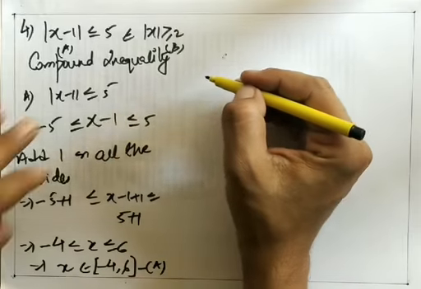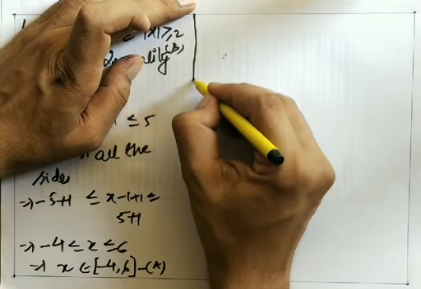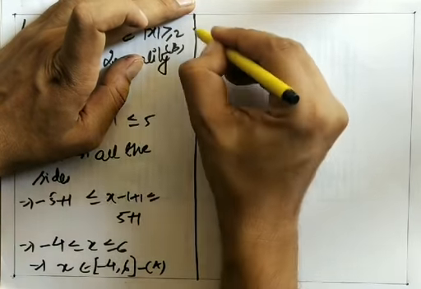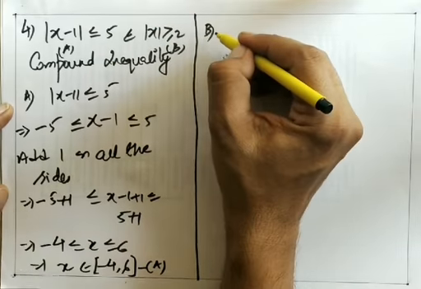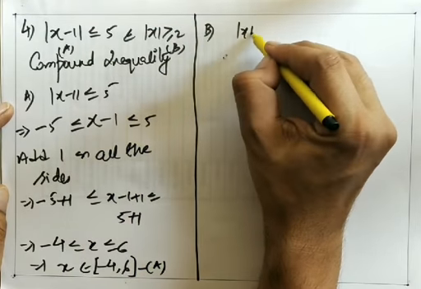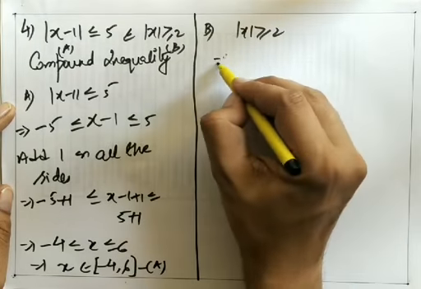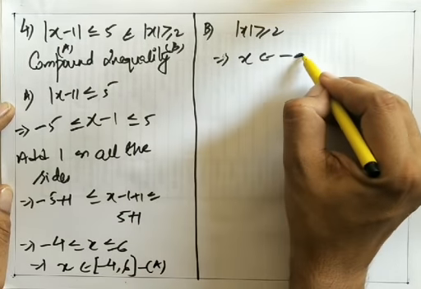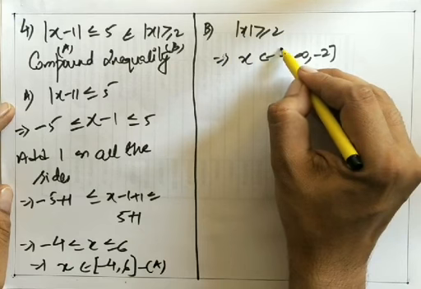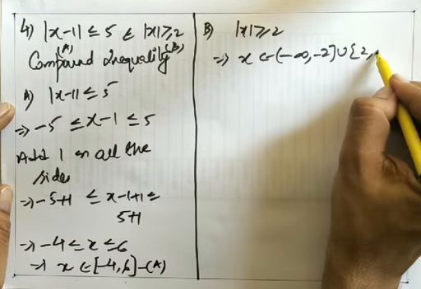Now let's talk about the B one. Case B. This is mod of x is greater than or equal to 2. This is by direct formula. This will give us x belongs to (minus infinity, minus 2] union [2, infinity).